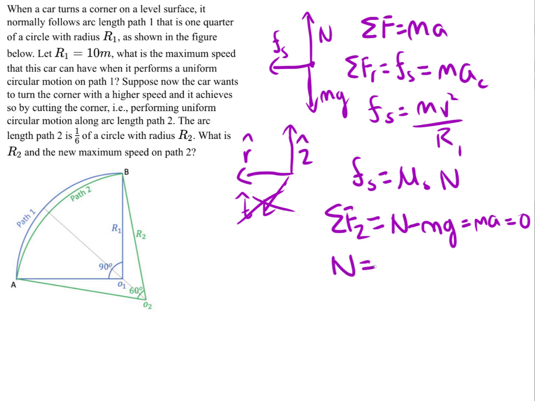So from that, the normal force must equal the force of gravity, or mg. So the force of static friction becomes the coefficient of static friction times mg.